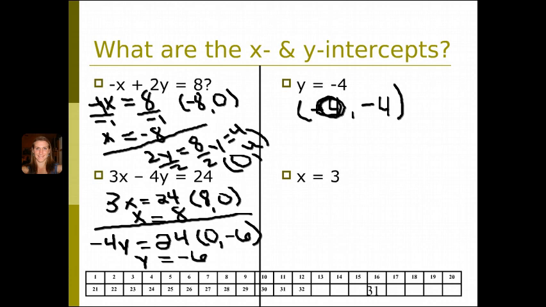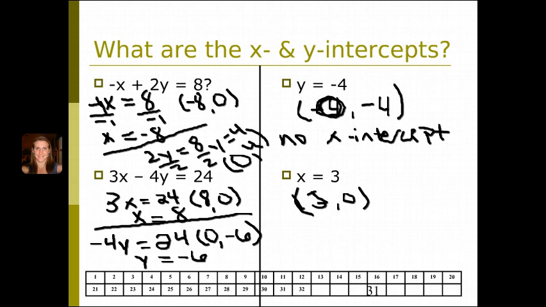And for my x-intercept, I have no x-intercept, since I do not have that variable in my equation. Now the opposite is true for this. My x-intercept will be (3, 0). And I will have no y-intercept since I do not have a y variable.